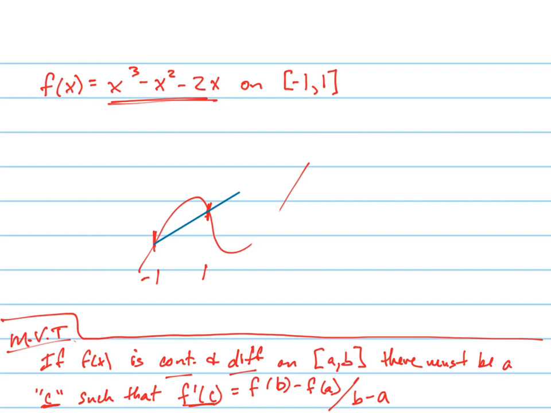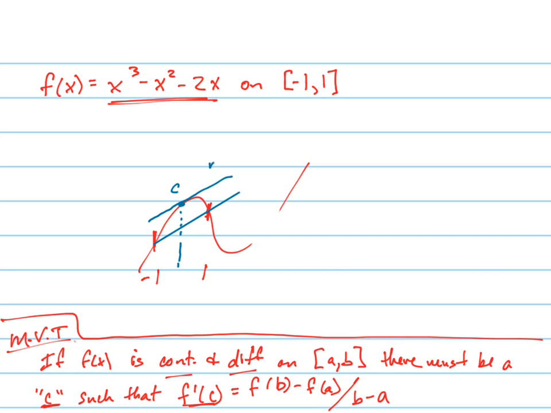The mean value theorem says there has to be some point c between those a and b, -1 and 1, whose tangent line has the same slope. This isn't going to let me draw it in here, so let me draw it manually. That's what the mean value theorem says. There's got to be some c right there.